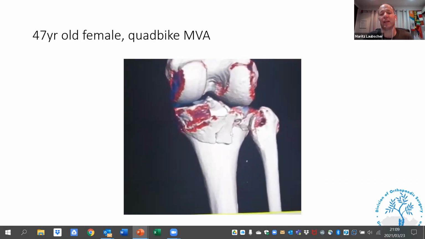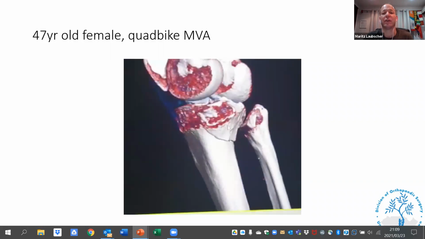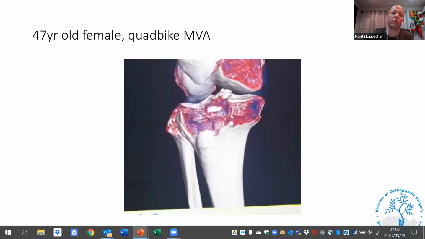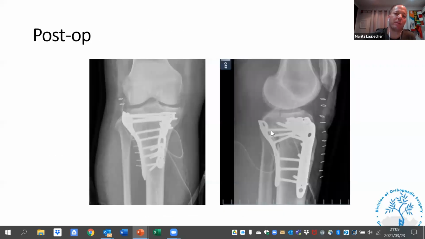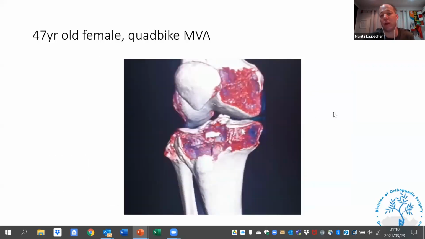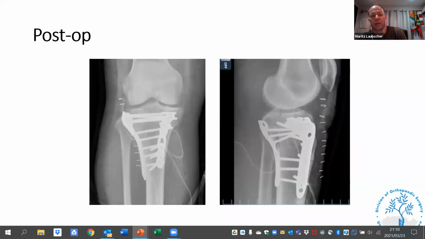But you can see here that there's a significant lateral split and depression in this case. So this is a bicondylar fracture with a lateral split depression, but where the medial fracture is very coronal and posterior and also needs a posterior plate. So this is what I usually try to avoid, but occasionally you have to do it.